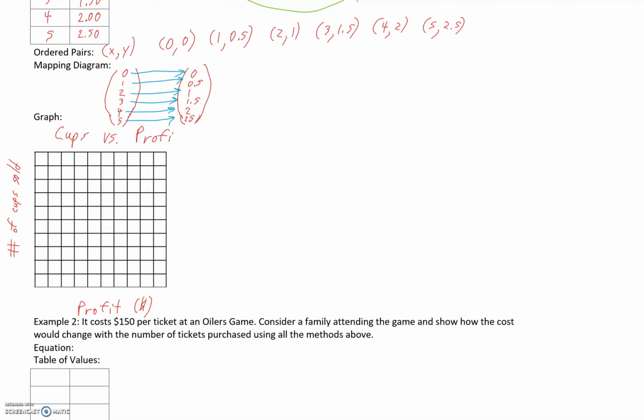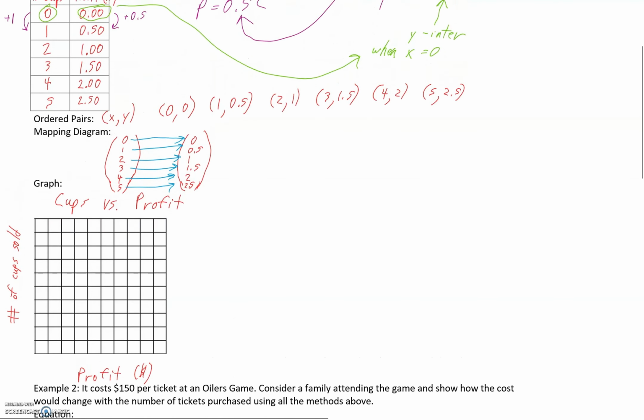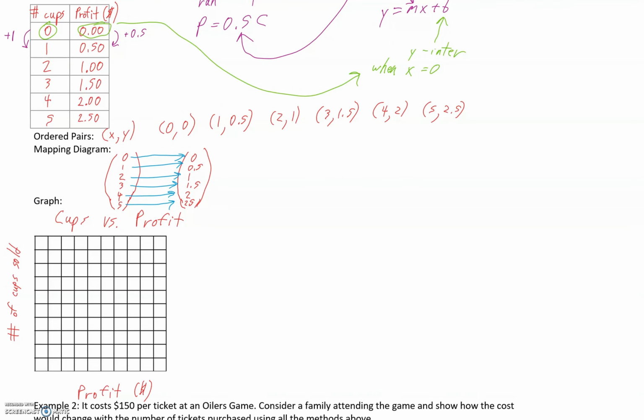We always do y versus x. Okay, and so now what we're going to do is have 0 to 5 on the left-hand side. I think it goes 1, 2, 3, 4, 5. It does. How beautiful. Okay, now looking at the profit, we start at 0 and we go to 2.5.